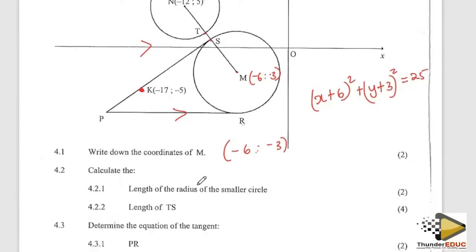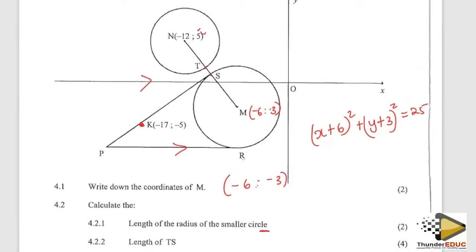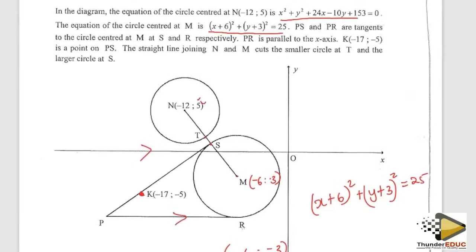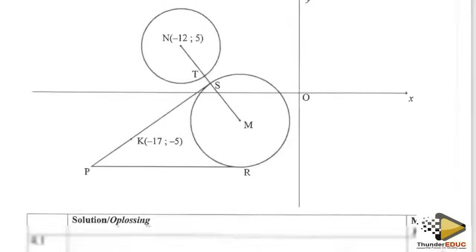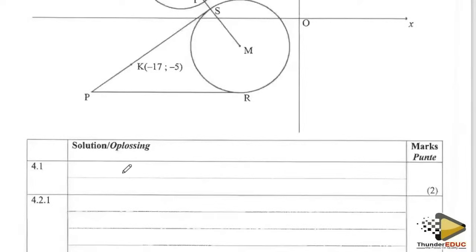Then they want us to get the length of the radius of the smaller circle. Now, from the equation, okay, so we have x squared. So we say negative 6 and negative 3.